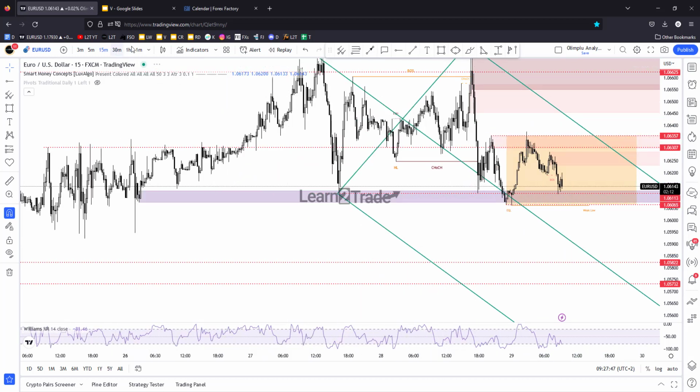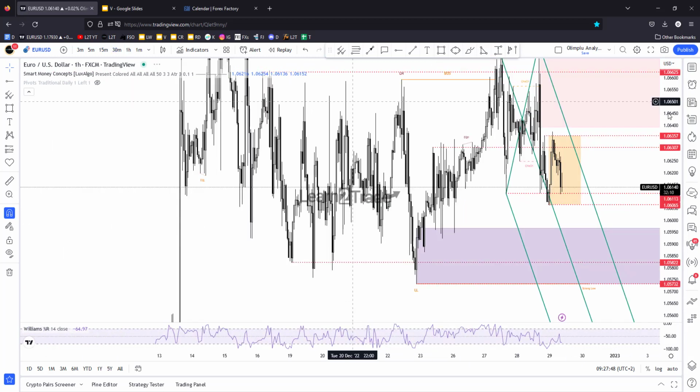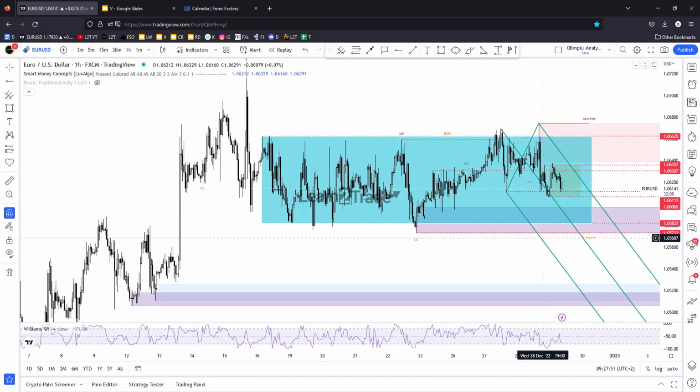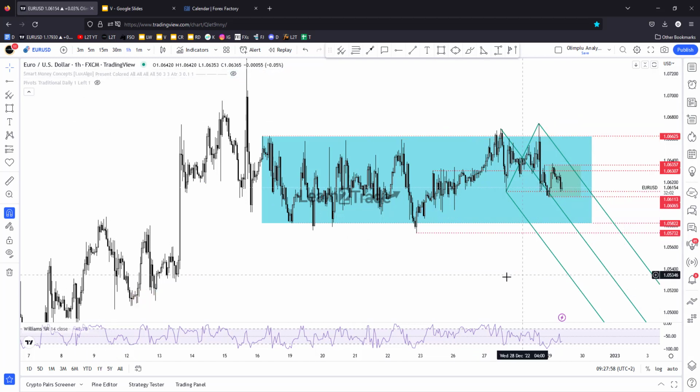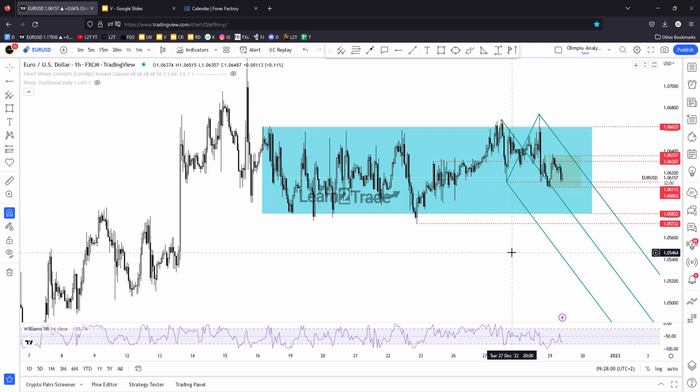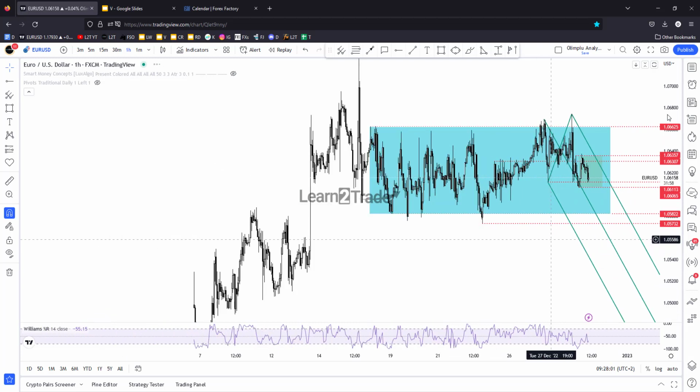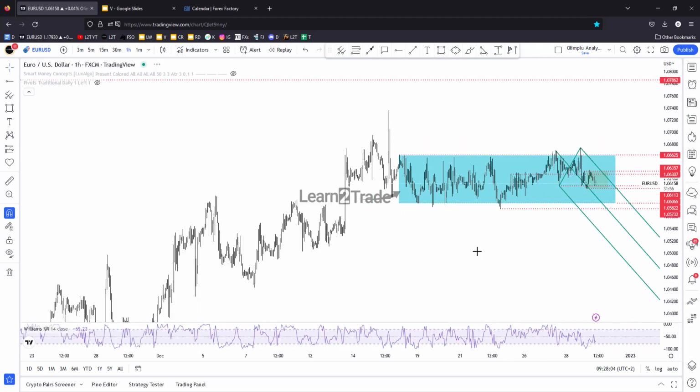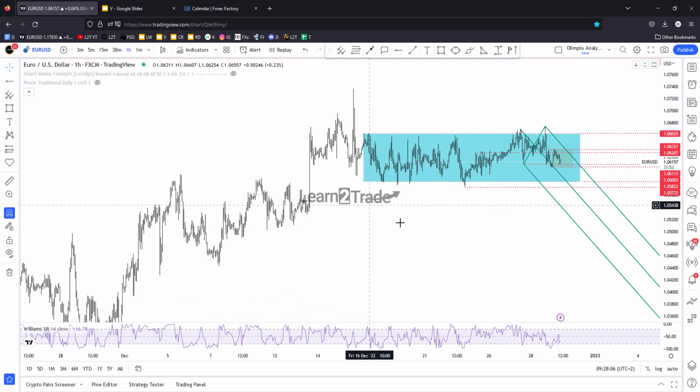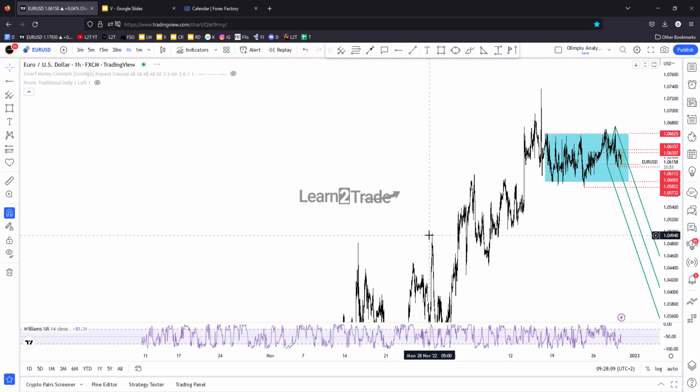As I've said, only escaping from this major range could bring us really good opportunities and setups, because it's really hard to catch a really good trade inside of this range.